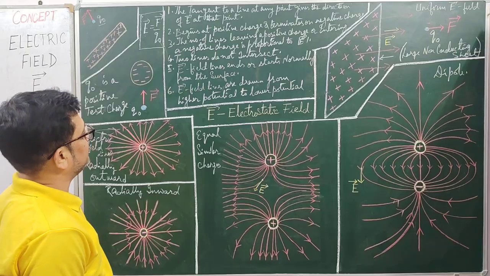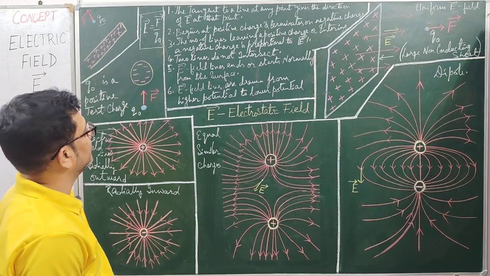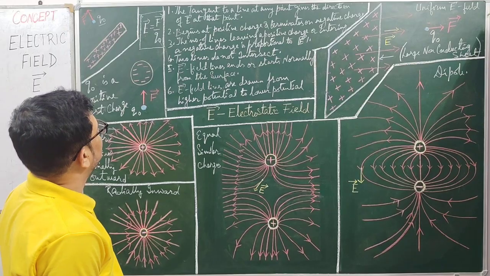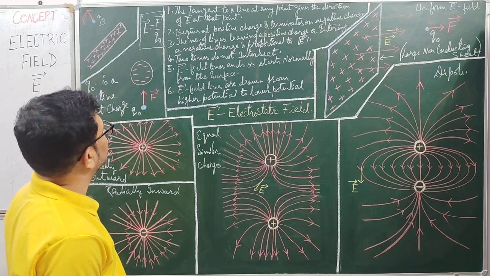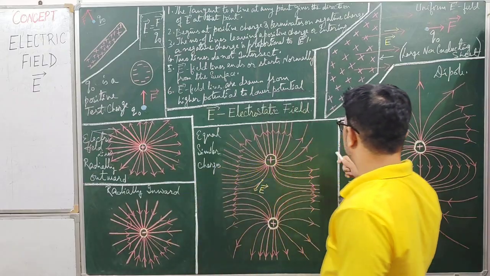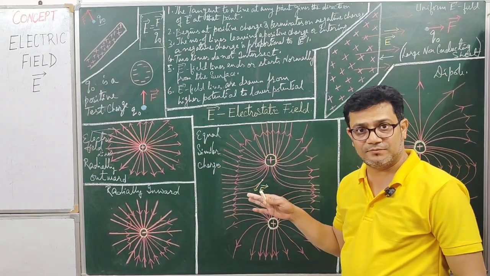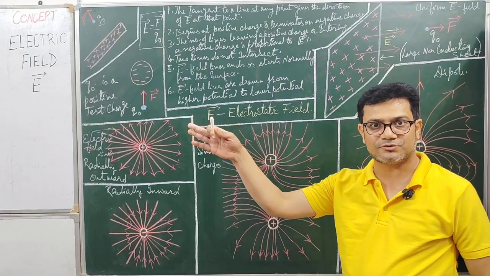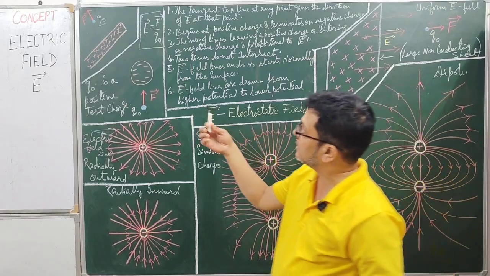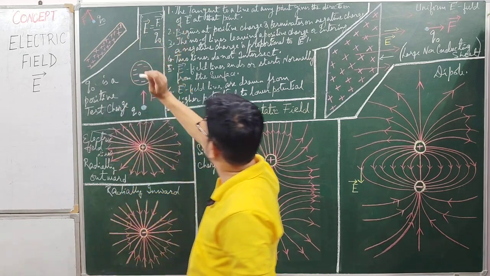These are the properties of electrostatic field, which is a vector field that we are talking about here. The first thing we are going to understand is that these lines could be curved or straight, it depends. If it is a straight line, we already know it gives the same direction as that of force, and it's a central force.